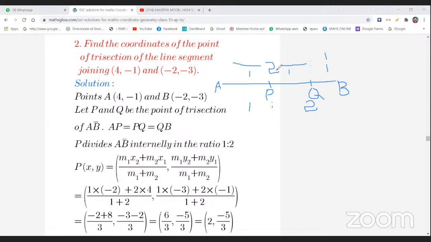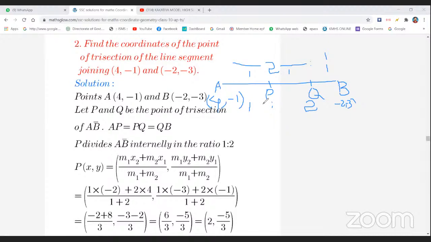Understood? A, B are 2 points in the plane. A is given as (4, -1) and B is (-2, -3).